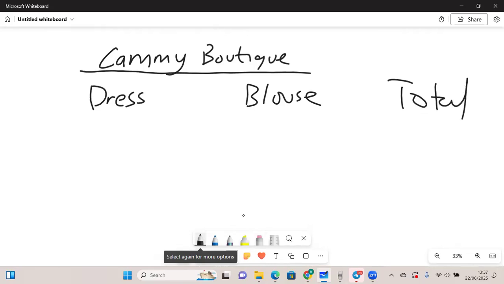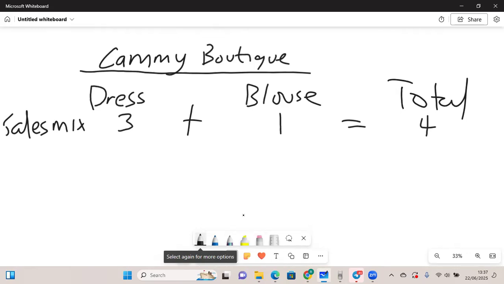So I want to start with the sales mix here. Remember, they said they have to sell 3 dresses before they'll sell 1 blouse. So 3, 1, that's the sales mix. And it will give us a total of 4.